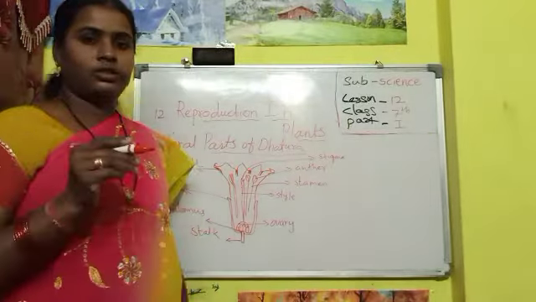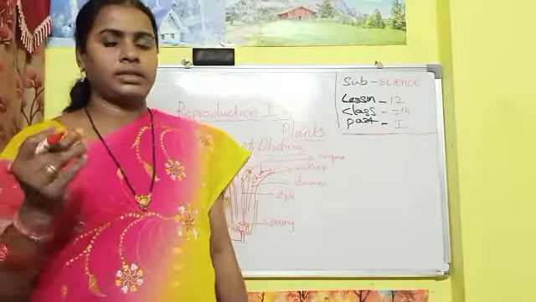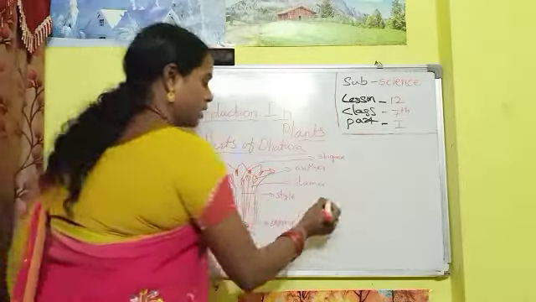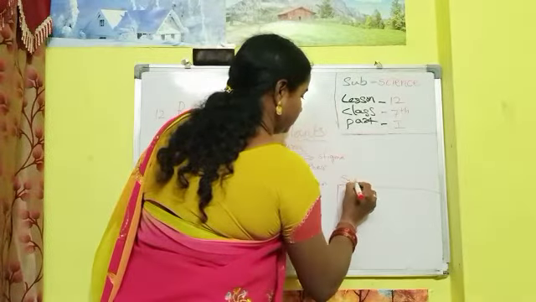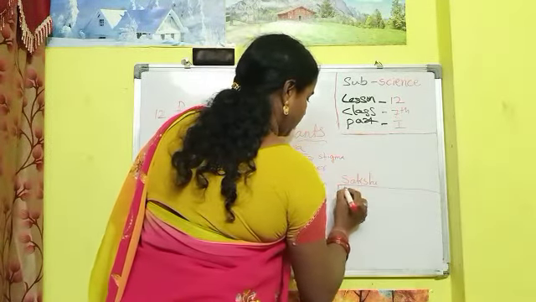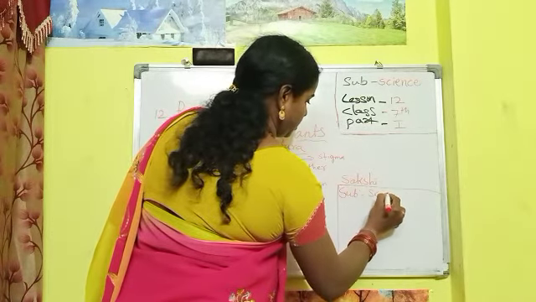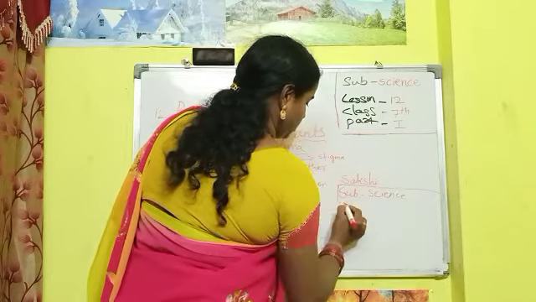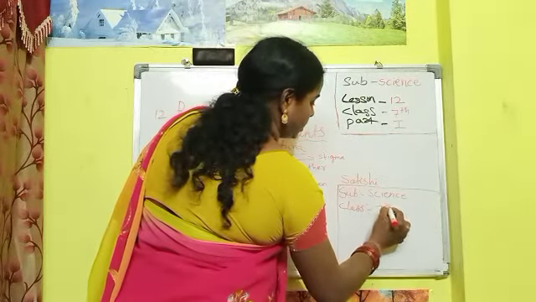Over, children. So we will stop here today. The remaining part of the lesson we will see in the next session. Okay, so write your name like this. Subject, you write Science. Class, you write 7th class.